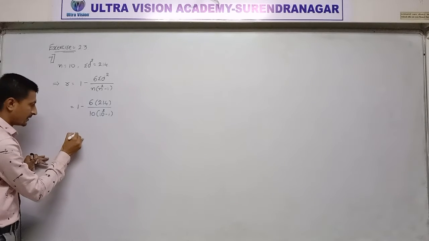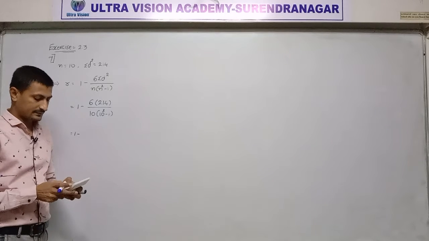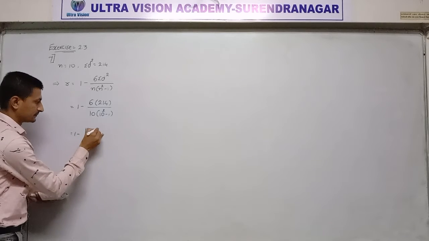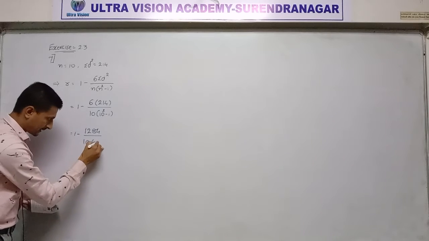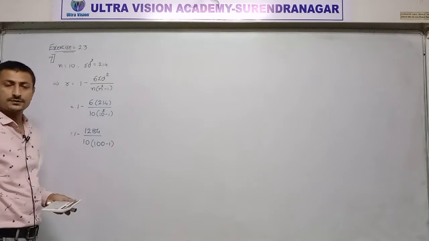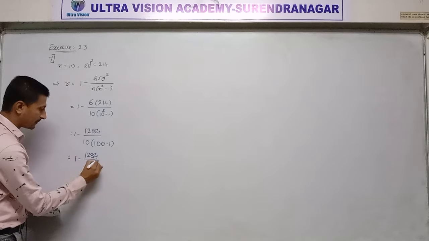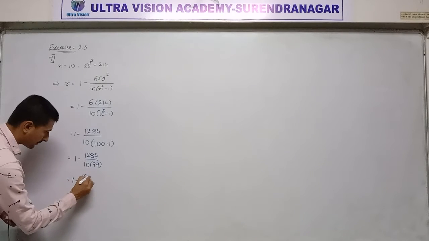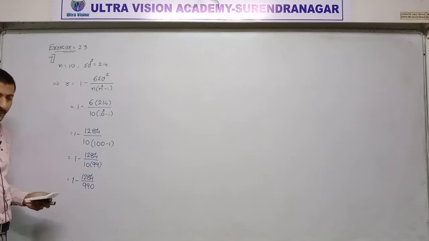Next step, 1 minus, using calculator, 6 into 240 is 1440, divided by 10 in bracket 10 square 100 minus 1. Next, 1 minus 1440 divided by 10 in bracket 99. Next, 1 minus 1440 divided by 990, 10 into 99.